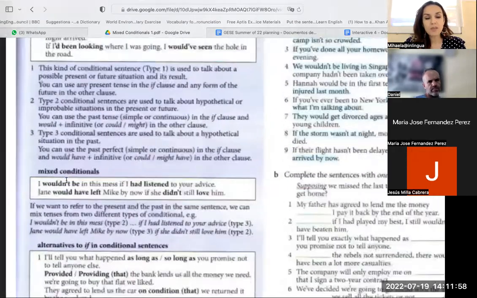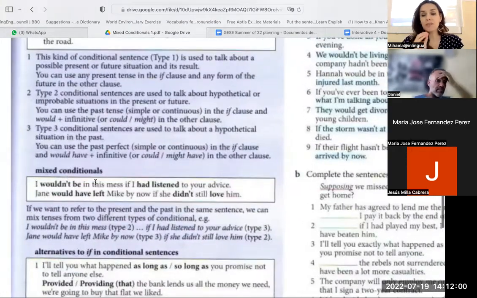I take as reference a sentence that always starts with a condition. If you know that you can switch positions, I would have bought more beer if I had known you were coming. But for the purpose of this discussion, let's think conditional as always starting with if.